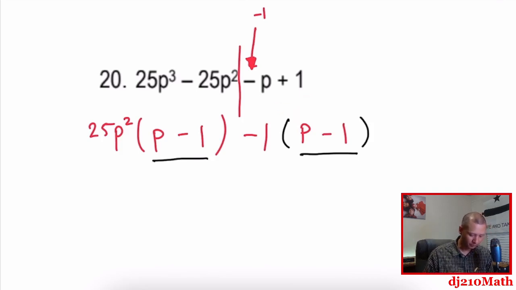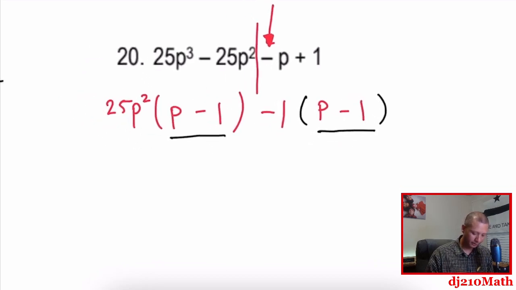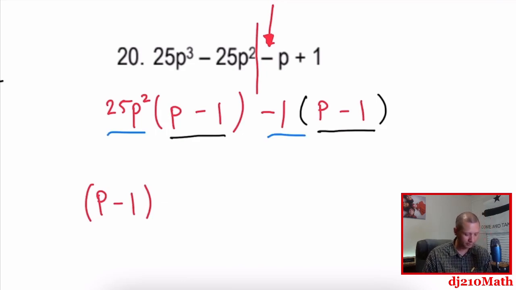So, okay. Writing the underlined parts, p minus 1. And then you write the leftover parts. Because the idea is that when we split it, I have two terms, the left side and the right side.